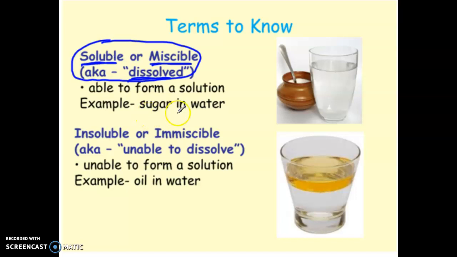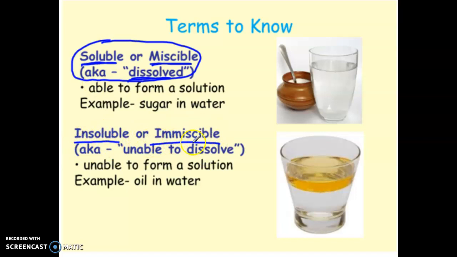So for example, sugar and water. We can say sugar is soluble in water. Or we can use the term miscible. Sugar is miscible in water, meaning sugar can dissolve in water. Okay? Then we have the opposite.